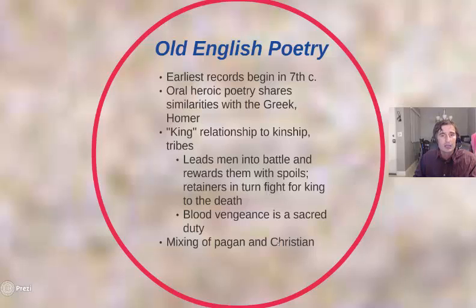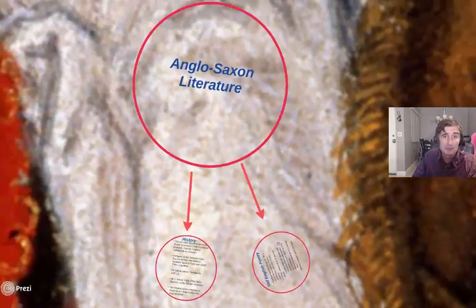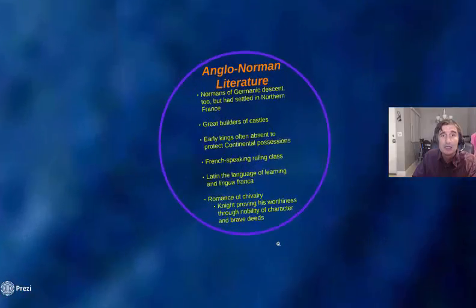If someone dies under the leadership of the king, blood vengeance is a sacred duty. In fact, when we get to Beowulf, we'll talk about things like Wergild. You'll see Wergild a lot, where someone dies and somebody has to pay that debt back. There's a price for each man that gets paid to the family or gets paid to the tribe. If you've seen The Last Kingdom, it shows up there as well.